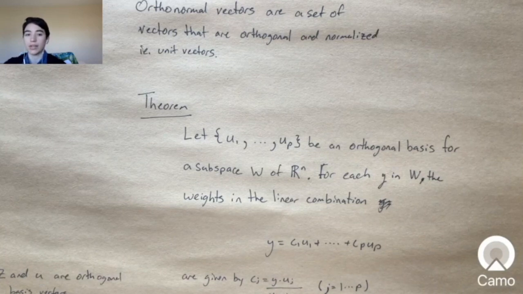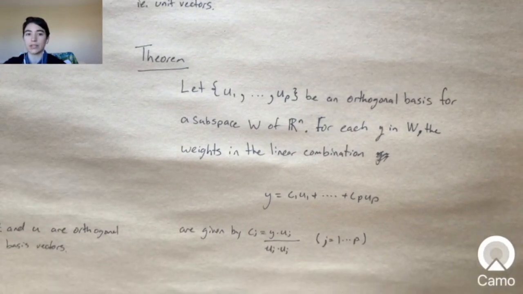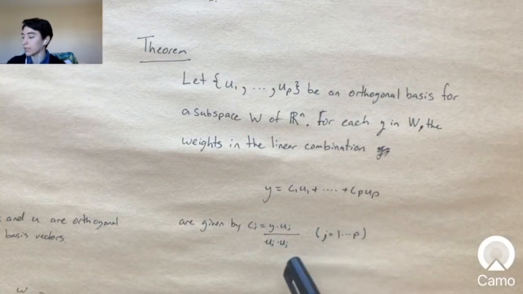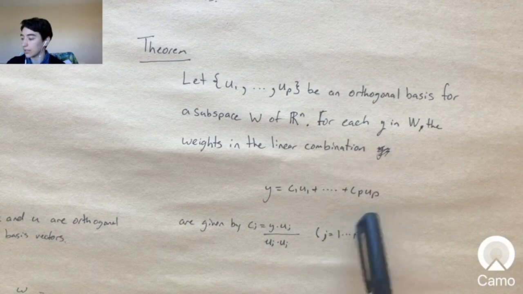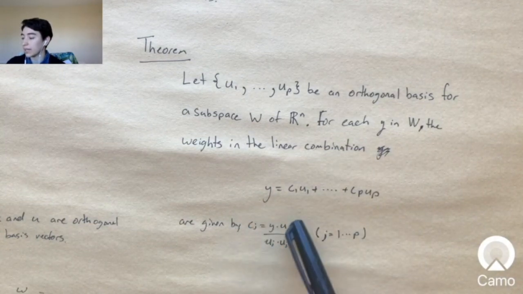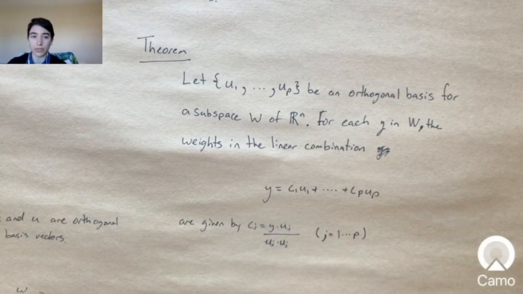So each vector here has its own weight, and that is given by this equation right here.